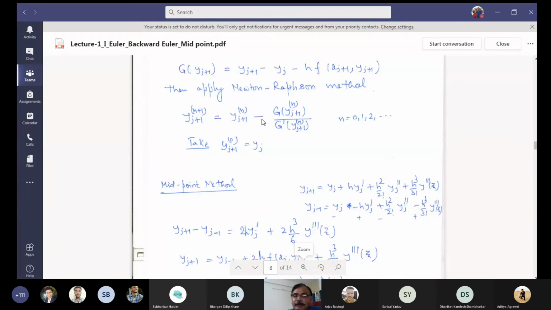And then as soon as the Newton-Raphson method comes in the picture, you require the initial guess. Because for the first value, for example for j equal to 0, you are calculating y1. So it will be y1 superscript n plus 1 equals y1 n minus g of y1 n divided by g prime, meaning del g by del y1, at y1 n.